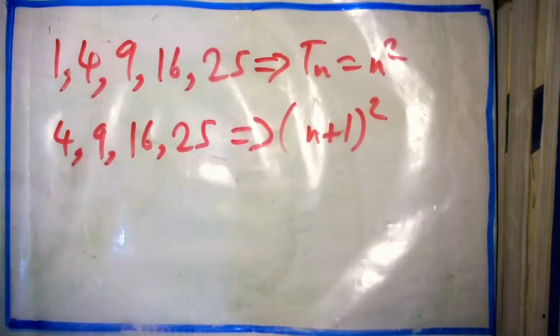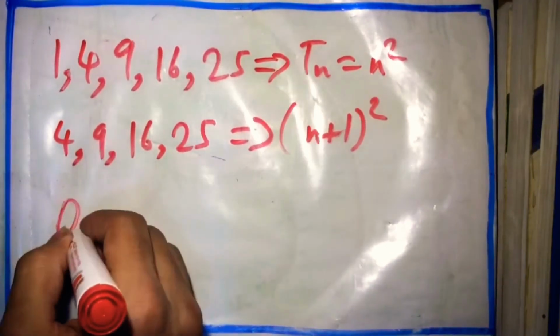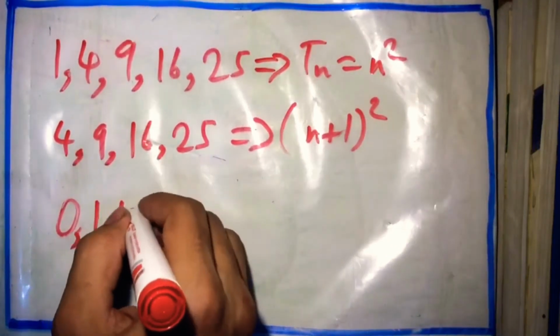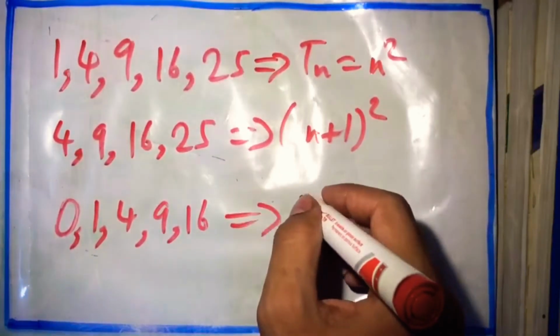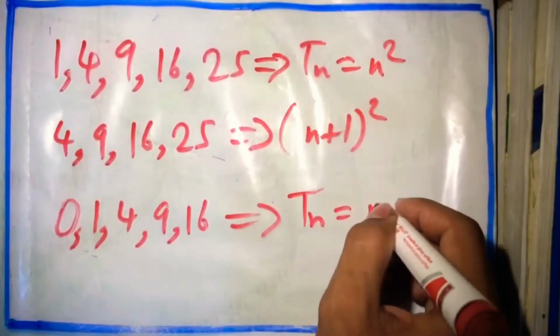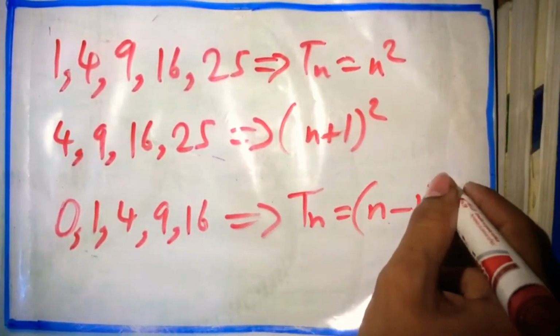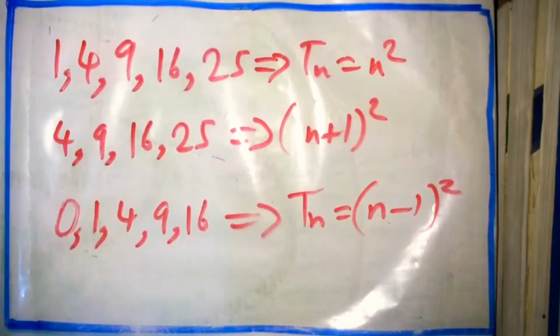If the sequence starts from 0, then the general formula for the term would be (n minus 1) whole square. These are the perfect square sequences.